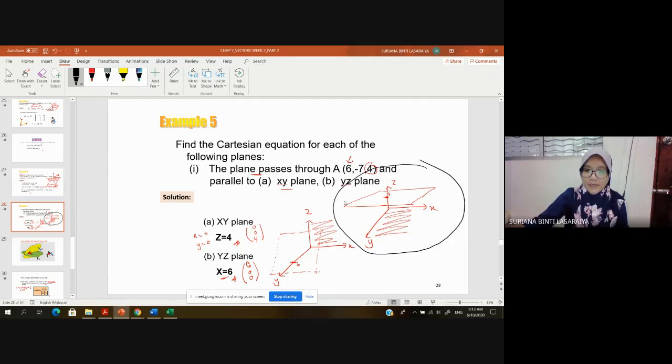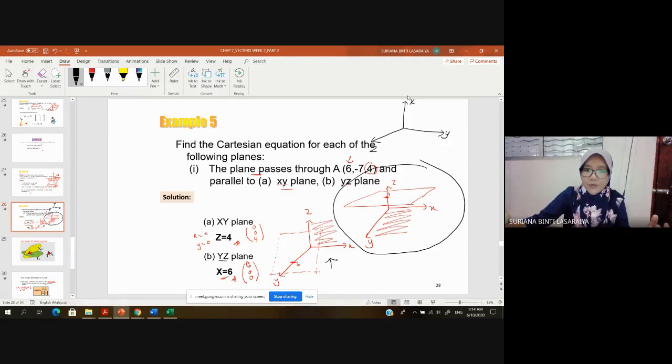Because you can see directly plane itu berada terapung di atas situ. So maksudnya kalau yang ini ni, you can sketch dia macam, so this is your Y plane, this is your Z plane, maksudnya kamu pusing X, Y, Z paksi itu. So ini is your paksi X itu di atas.